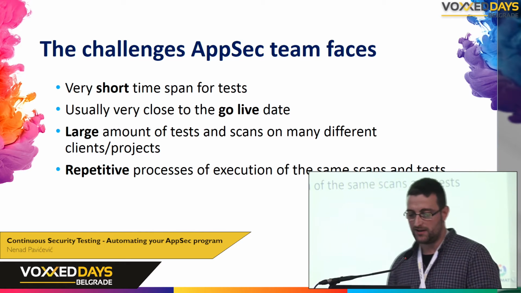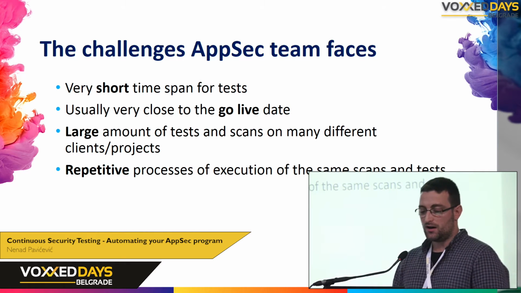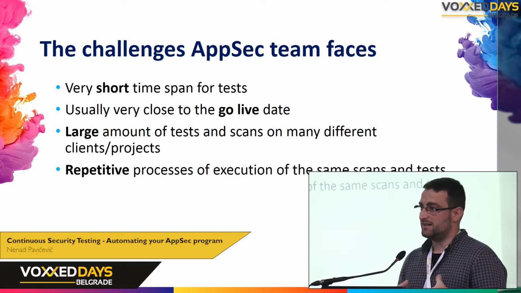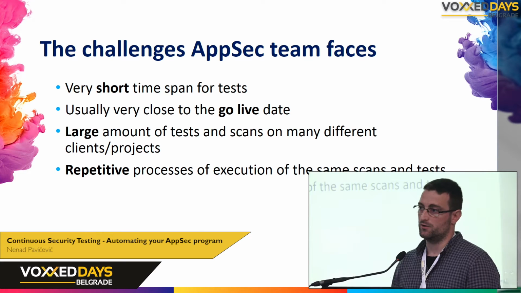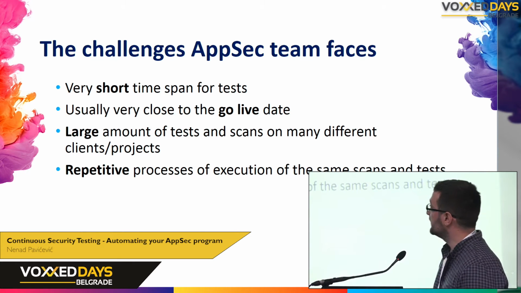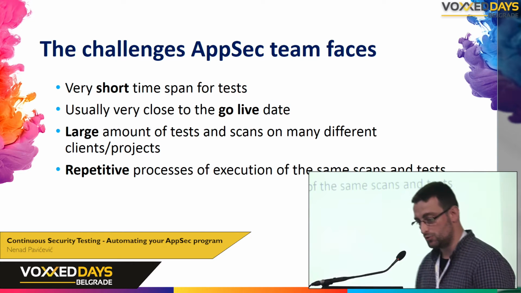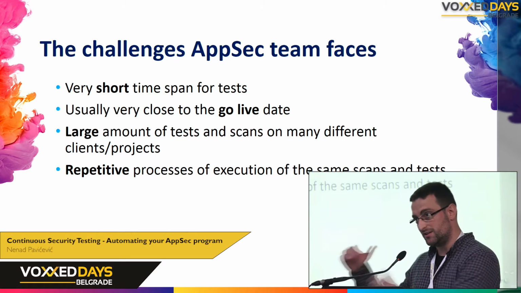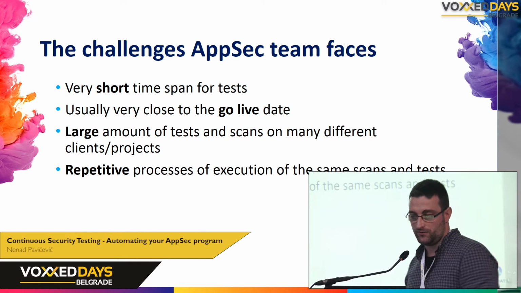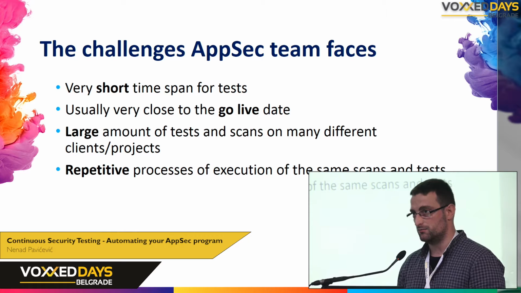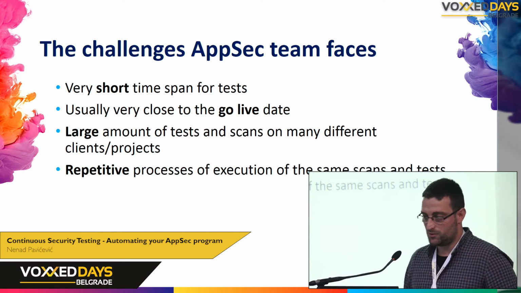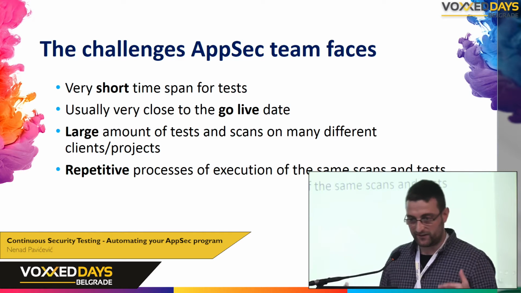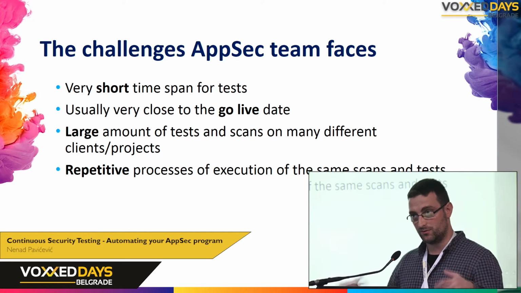The challenges that the AppSec team faces are that we have a very short time span for the testing we do, and that time span is usually put in the last part of the project development life cycle, which is also a problem because you don't have flexible time to report those issues.